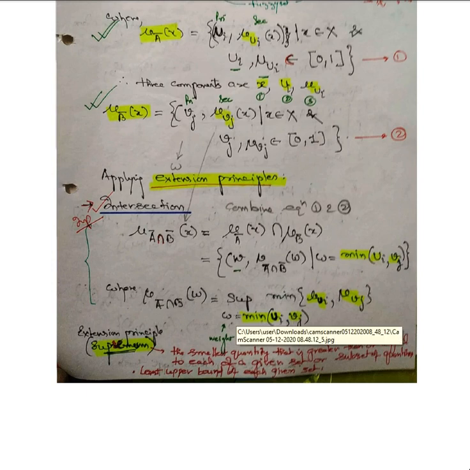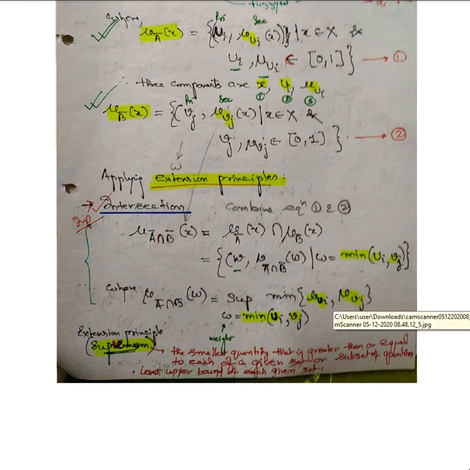Now what is W? W is nothing but the minimum of Ui and Vj. That is the minimum operation. This talks about the particular sets, and this talks about the membership function representations. This is represented in terms of these notations, and this is represented in terms of these notation functions.